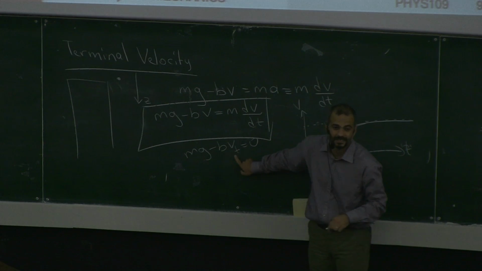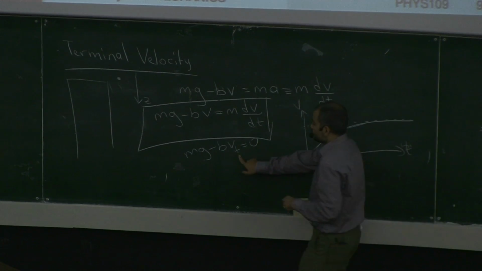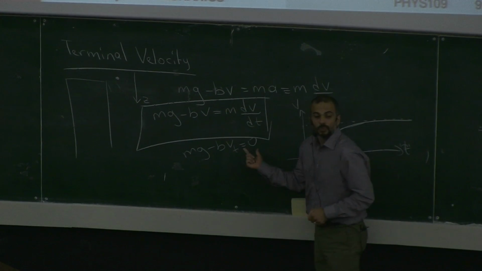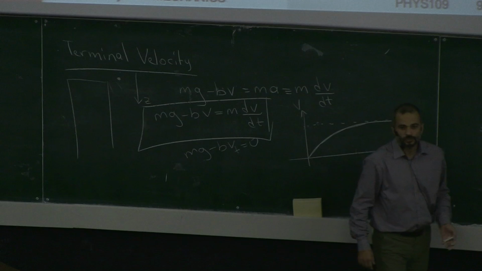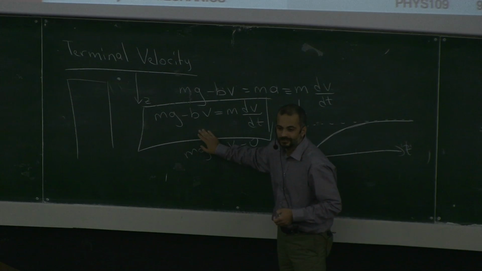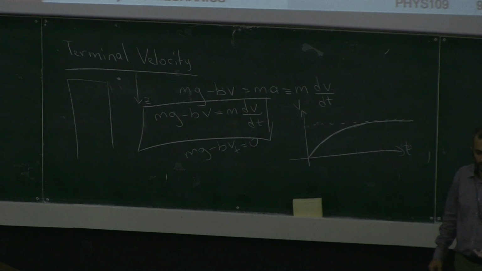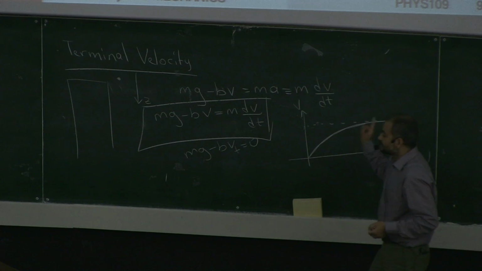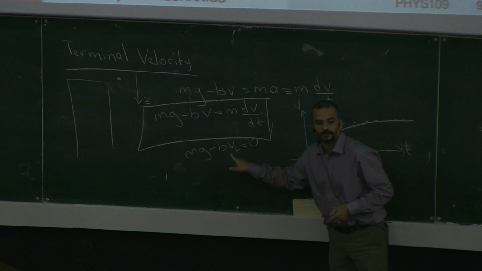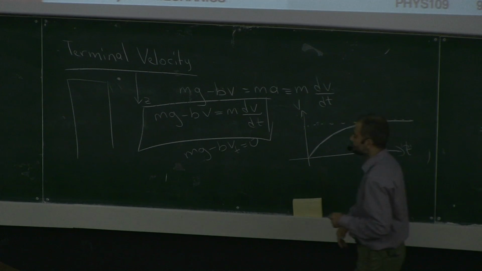This is what I define as the terminal velocity. When the velocity is such that this is equal to 0, it just means that there is no acceleration. Once the speed reaches this point, there will be no acceleration. And since there is no acceleration, the speed will not be changing after that point. My object accelerates until this speed, but once it reaches that speed, it will just move with the same velocity for the rest of the motion.